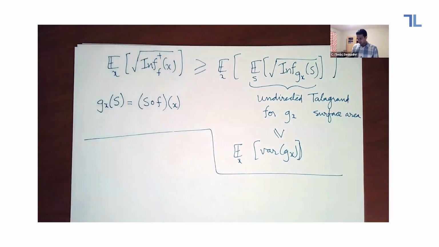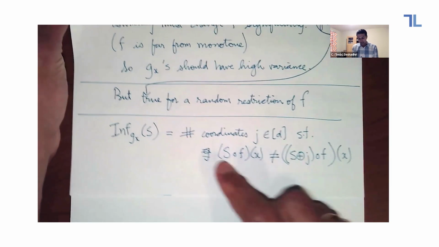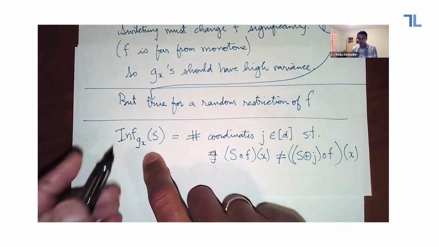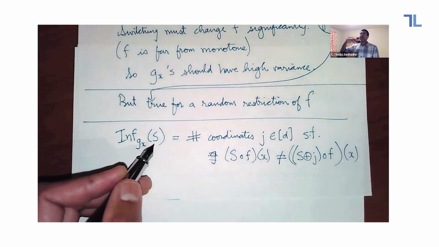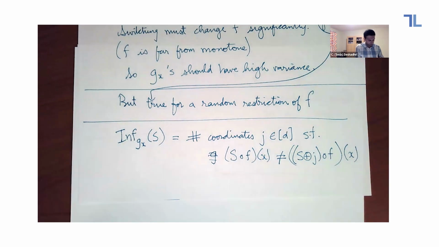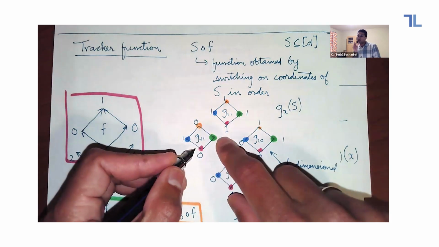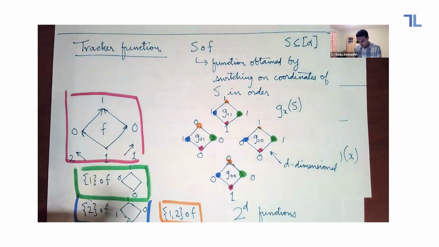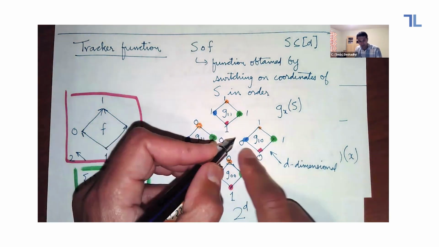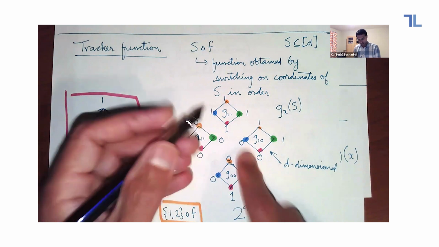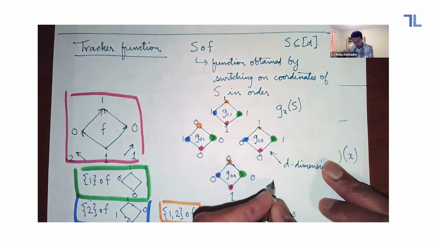The influence, as I've written here, is the influence of the function g_x at a set S. Remember, the set is now a domain point for this function, because these colors correspond to subsets of coordinates. What's a good example? Let's look at this point. This is the function g10 at the set 2.